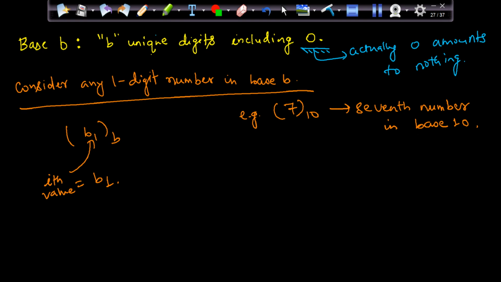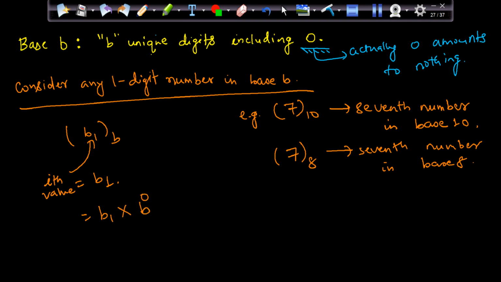So we say this is the seventh meaningful number in base 10. Similarly, 7 in base 8 is the seventh number in base 8. So if there is only a one-digit number, then the ith value is b1, and you can write it as b1 into B to the power 0.